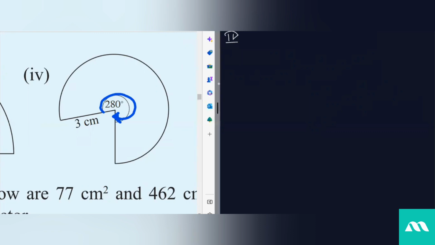Then here area of the sector is equal to theta upon 360 times πr square.